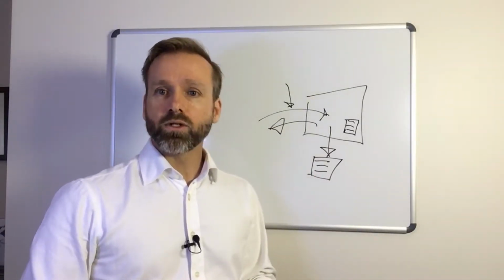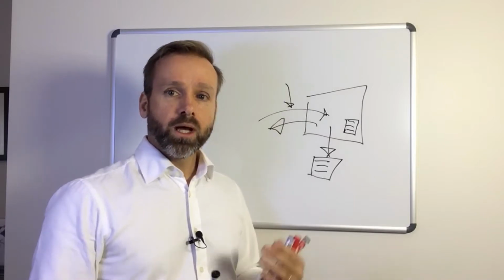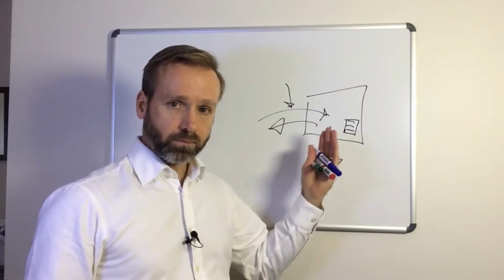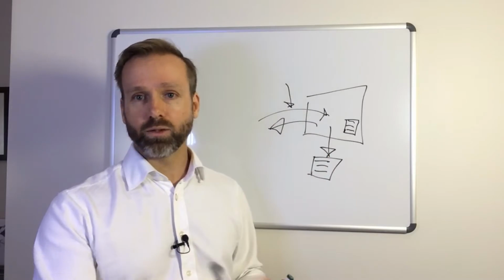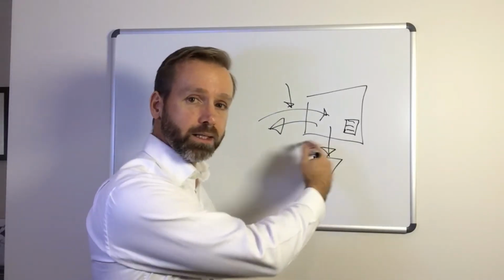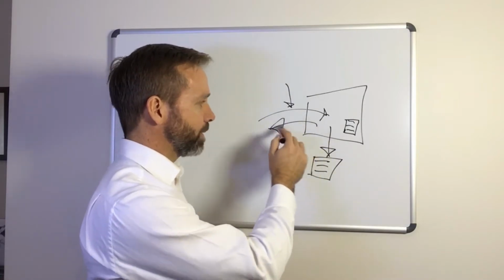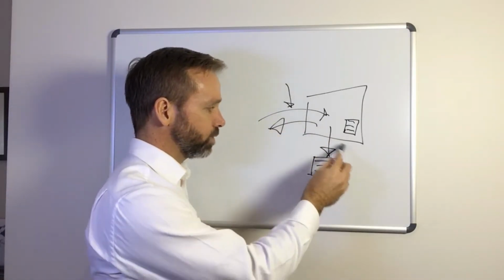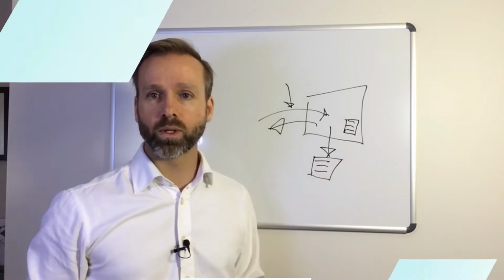The reason being is that you're going to want to deliver a different message according to the action that the person has or hasn't taken, because there's no point marketing to these people in the same way that you market to these people, because these people have already indicated that they're interested in your product.